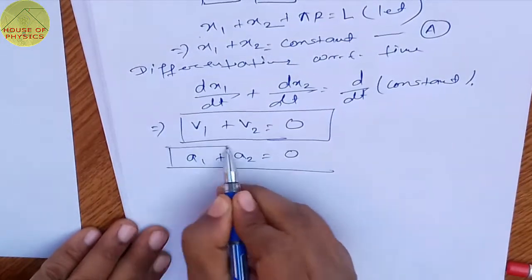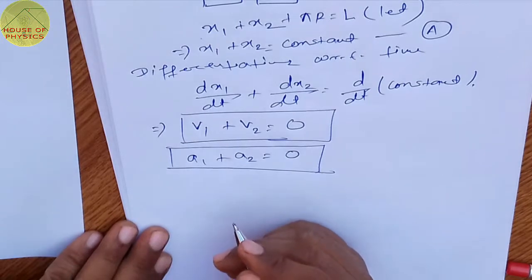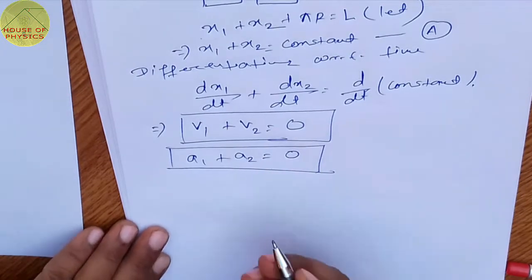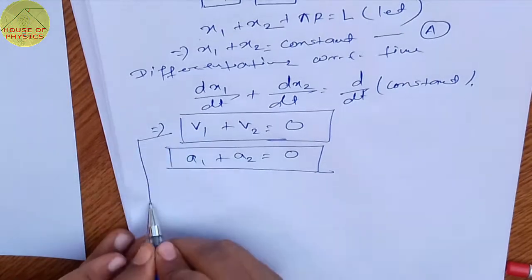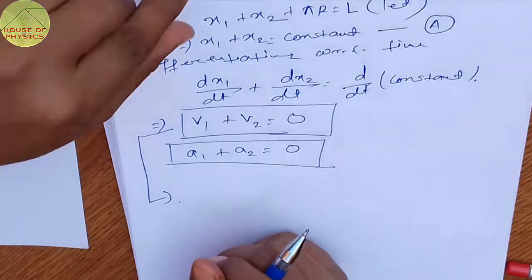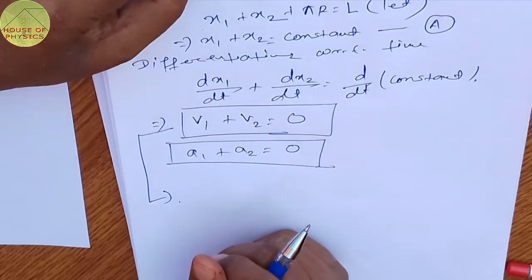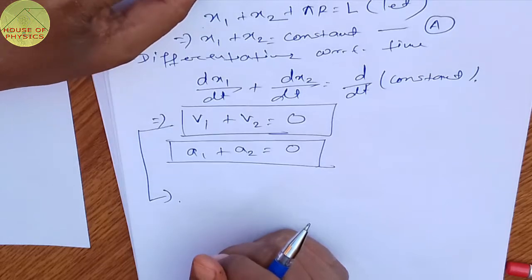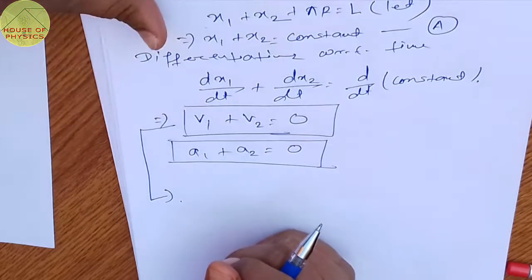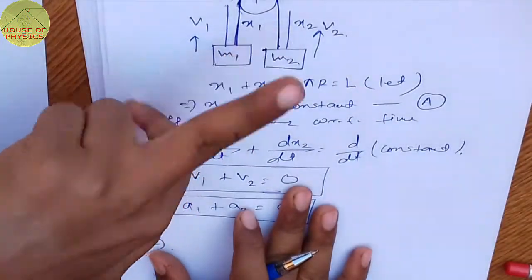So these two conditions, as I have already mentioned, show that velocity and acceleration both have the same constraint relations. Now, going ahead with the velocity: what is V1? This V1 is the velocity of the block when the displacement x1 has been measured from the pulley, because this x1 is from the pulley and this x2 is from the pulley.